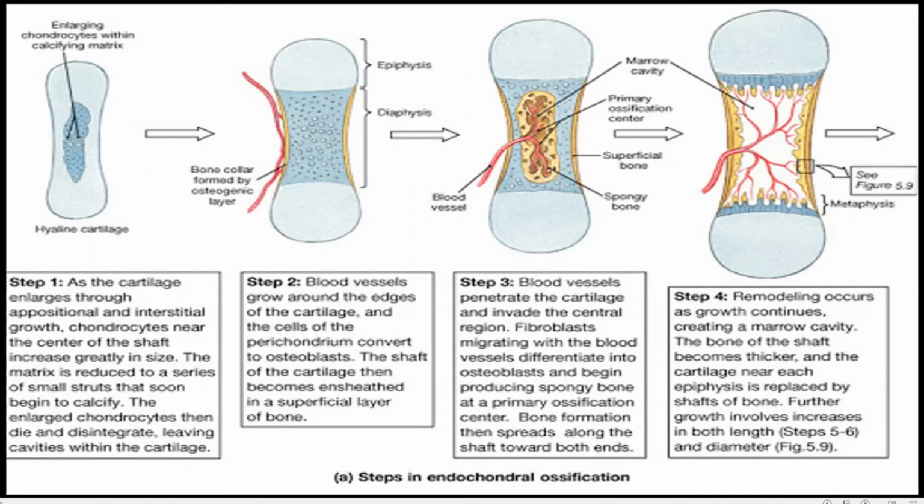So while you are growing, this is the process of your bone growth. It happens in your arms and in your legs, the thigh, and your feet. So the endochondral process is involved in this one.